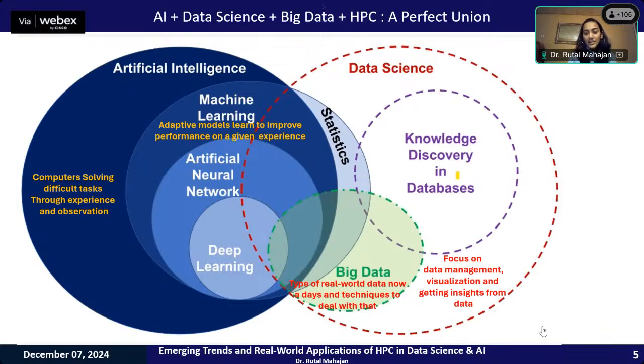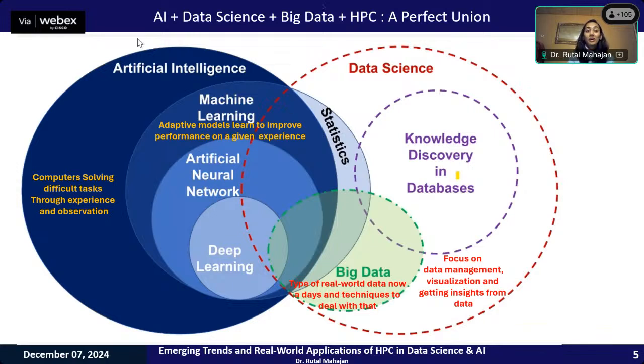Now, data science is another section which focuses on data management, visualization, and getting insights from the data. Over here, we are focusing on big data, which is the type of real-world data nowadays, and the techniques to deal with it. Generally we get it in real-time streams. From that, we need to get insights using some statistical techniques.